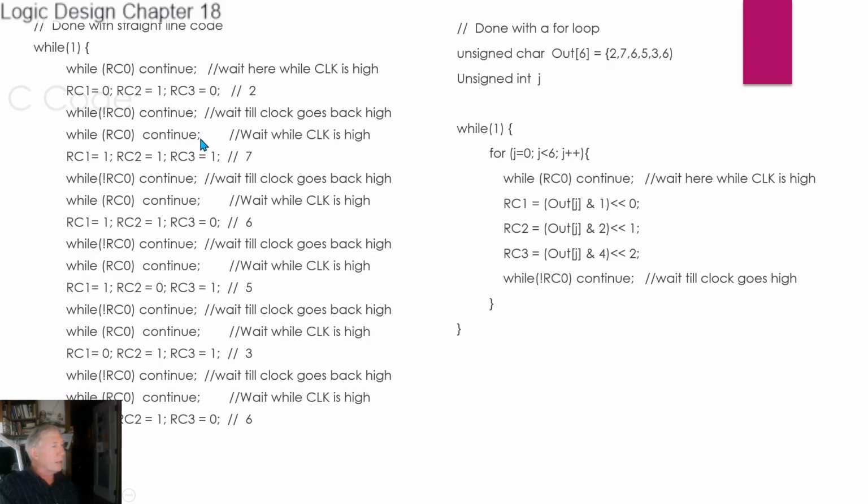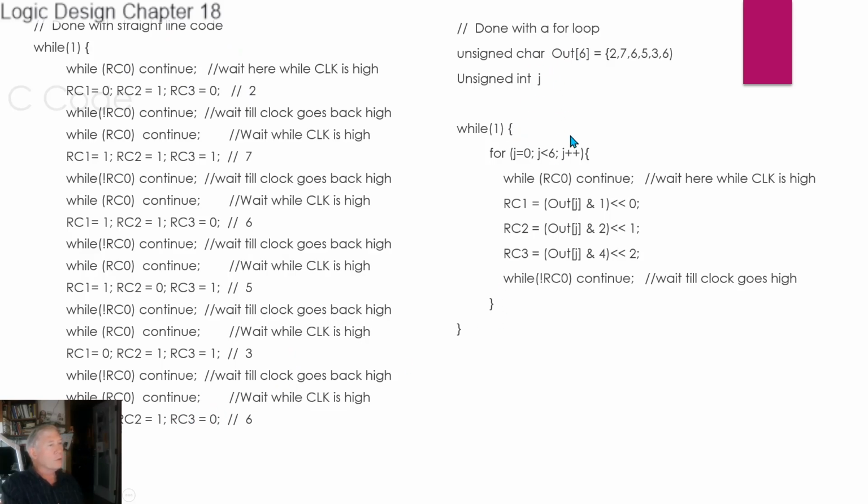When it goes back high again, we output the new count, which in this case was 111, I think, 7. Then we wait till it goes low, and when it goes back high, we output the next count, which is 6. We do the same thing: 5, 3, and then back to 6, and then after that, back to 2. It's an infinite while loop, so it automatically starts back over up here after this one.